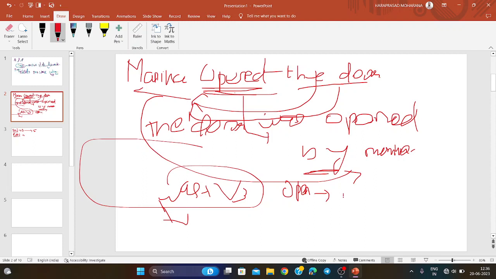It is opened. In past tense it is also opened, and in past participle it is also opened. So remember this: in order to make passive voice changes, you have to remember the verb three form of the base verb.